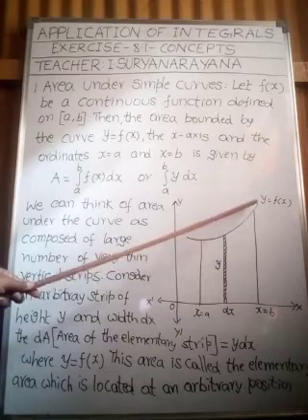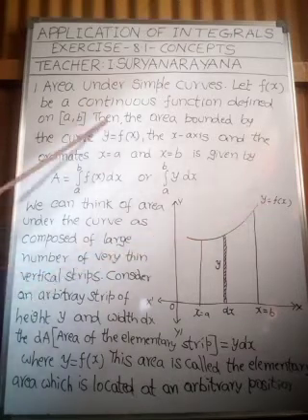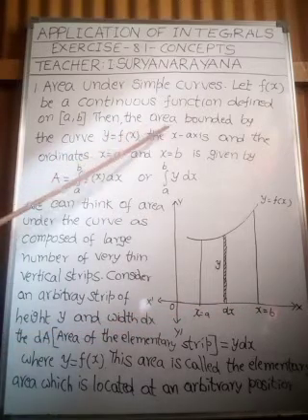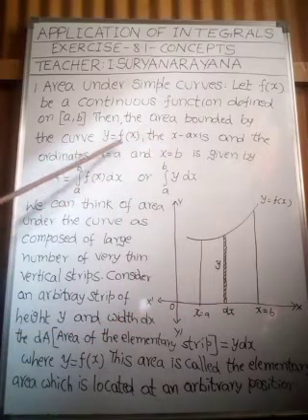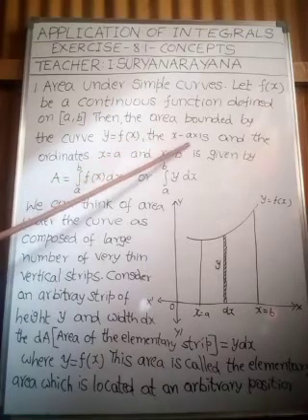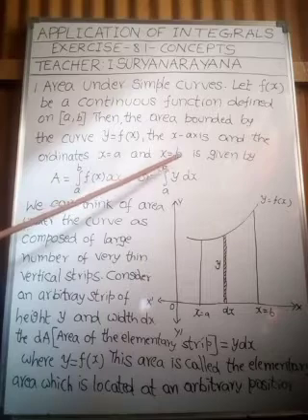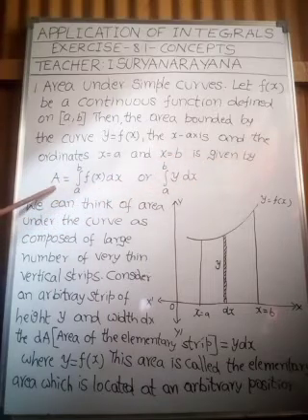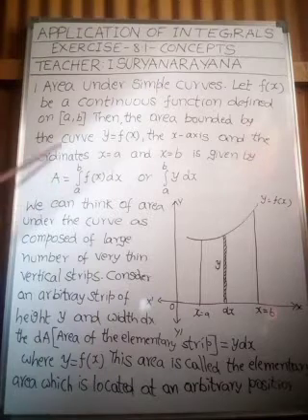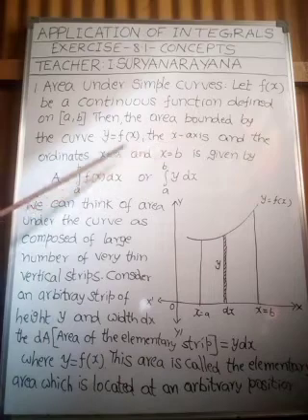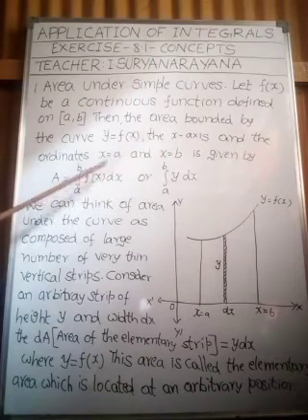Then the area bounded by the curve y is equal to f of x, the x-axis, and the ordinates x is equal to a and x is equal to b is given by capital letter A. Capital letter A denotes area of the region bounded by the curve y is equal to f of x, x-axis, and the ordinates x is equal to a and x is equal to b.